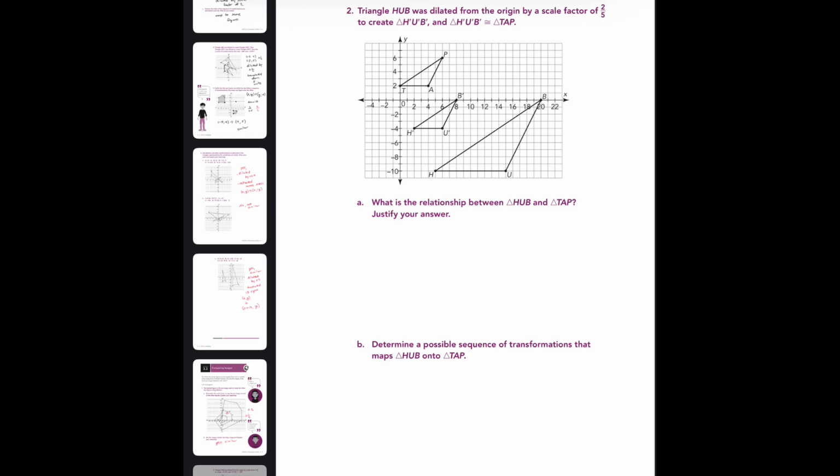So what's the relationship between HUB, this triangle, and TAP? Well, if it's similar, the pre-image is similar to the new one, that means it is similar to TAP when it's translated up. So they are all similar.